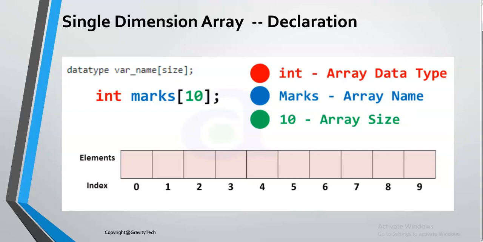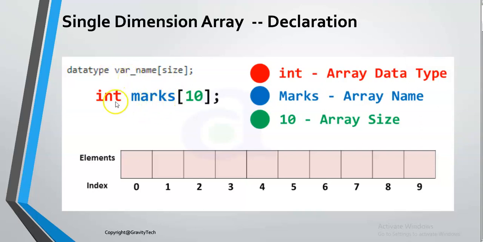So single dimensional array declaration looks like this. You need to give a data type, variable name, and the size. Okay. Now what exactly does that mean? So this data type says the base of the array, which is the type of each element this array is going to store.